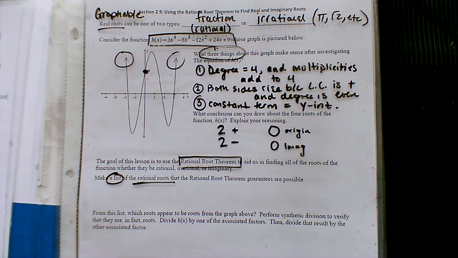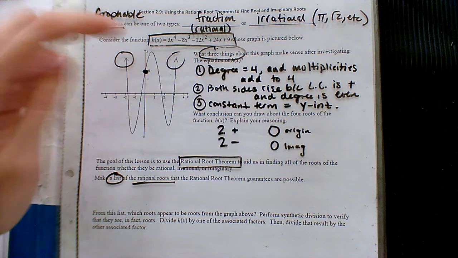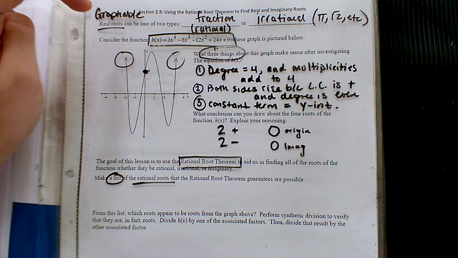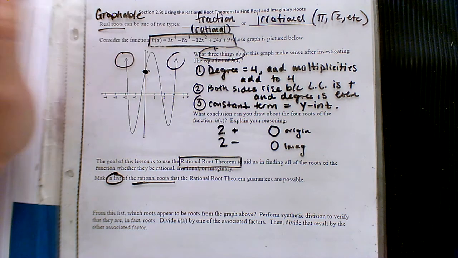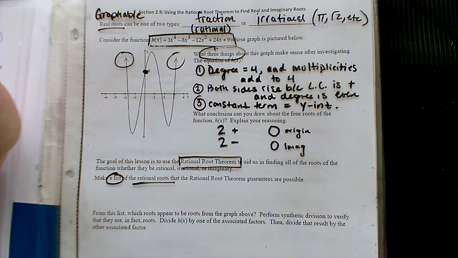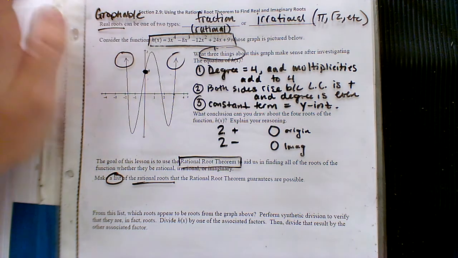How did we create that list of plus or minus numbers from yesterday? Go ahead, Eli. You take the constant term and you divide it by, like you find what all multiplies up into that, and you divide that by the 3x to the 4th, since that's the highest power.